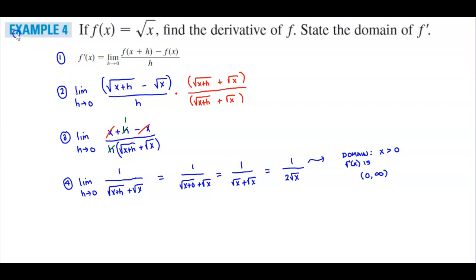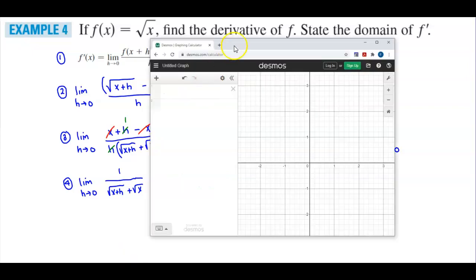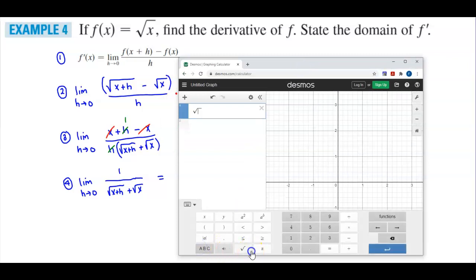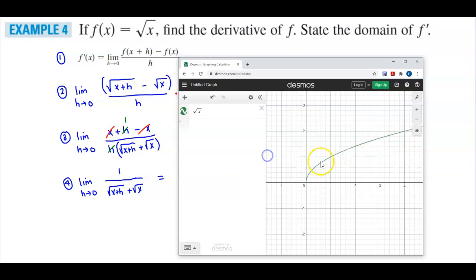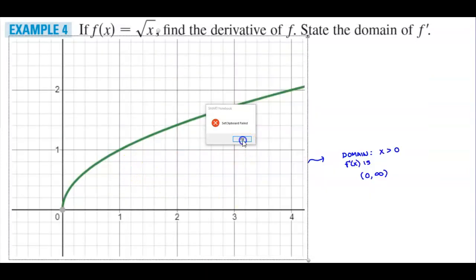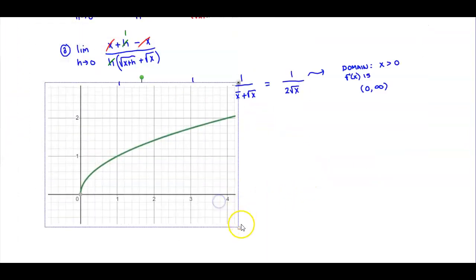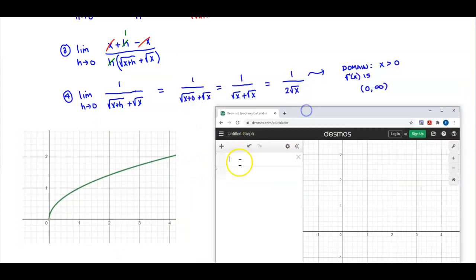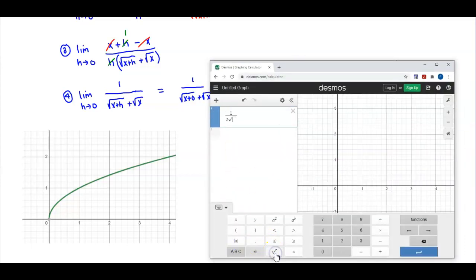Now let's go ahead and graph these two just to check. So we're going to graph the square root of x. So there is our graph, and that represents our function. And then we're going to graph the derivative function, which is 1 divided by 2 times the square root of x.